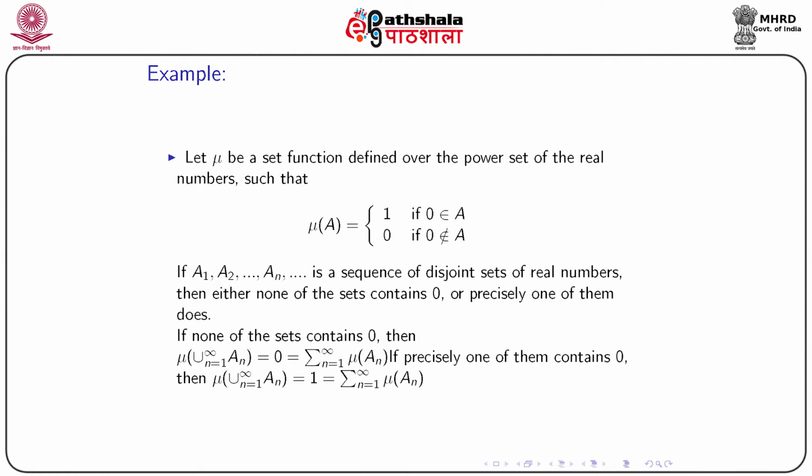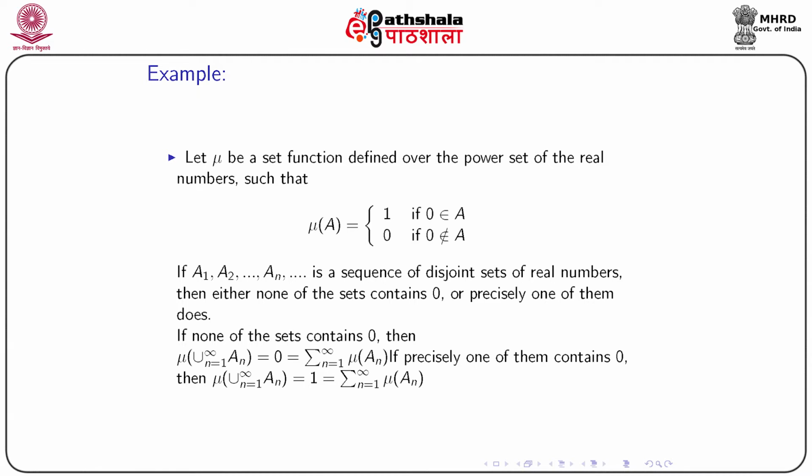So, whatever may be the case, whether none of the sets contain 0 or one of them contains 0, in each case it holds. So, this is an example which shows how a set function can be constructed on the basis of the real numbers, which is additive as well as sigma additive.